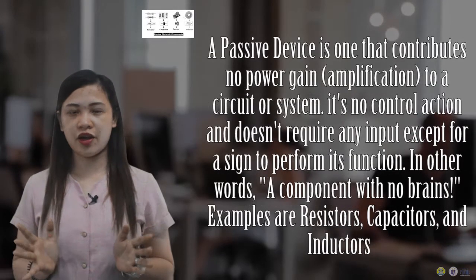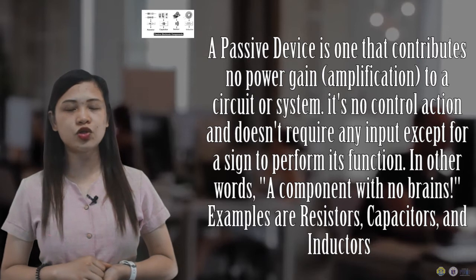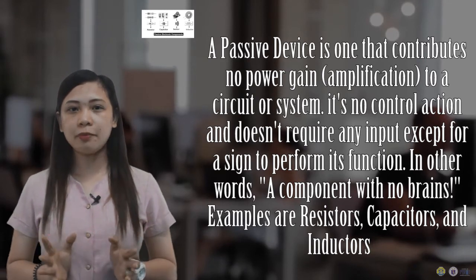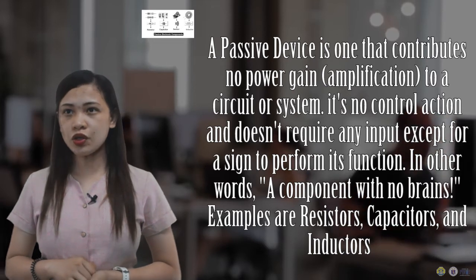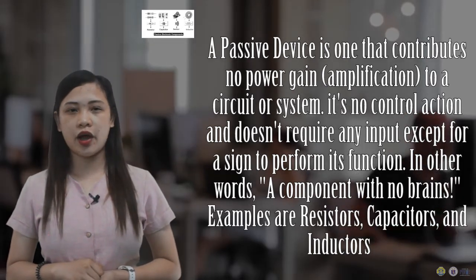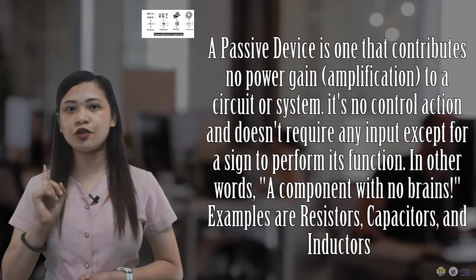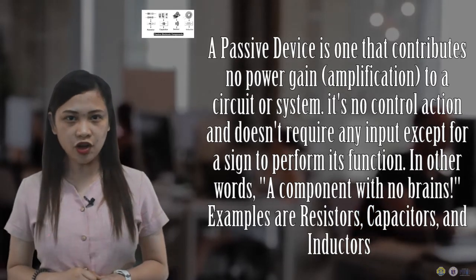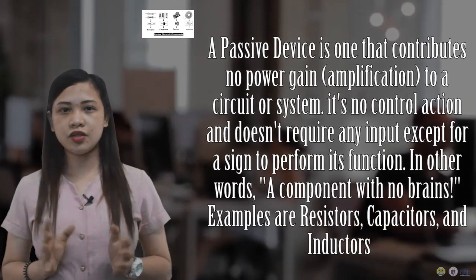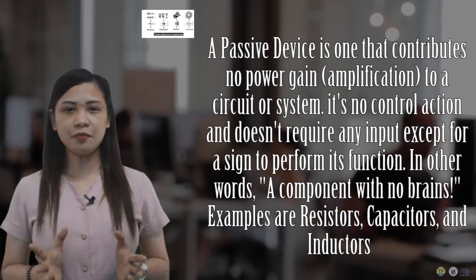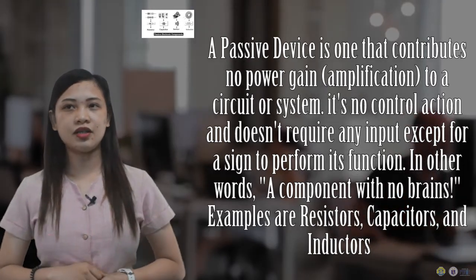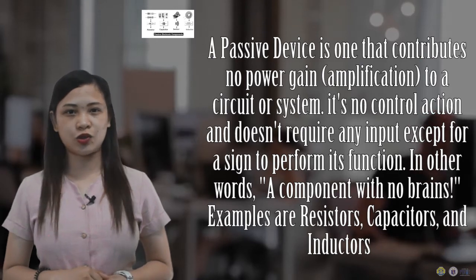A passive device is one that contributes no power gain or amplification to a circuit or system. It has no control action and doesn't require any input except a signal to perform its function. In other words, a component with no brains. Examples are resistors, capacitors, and inductors.